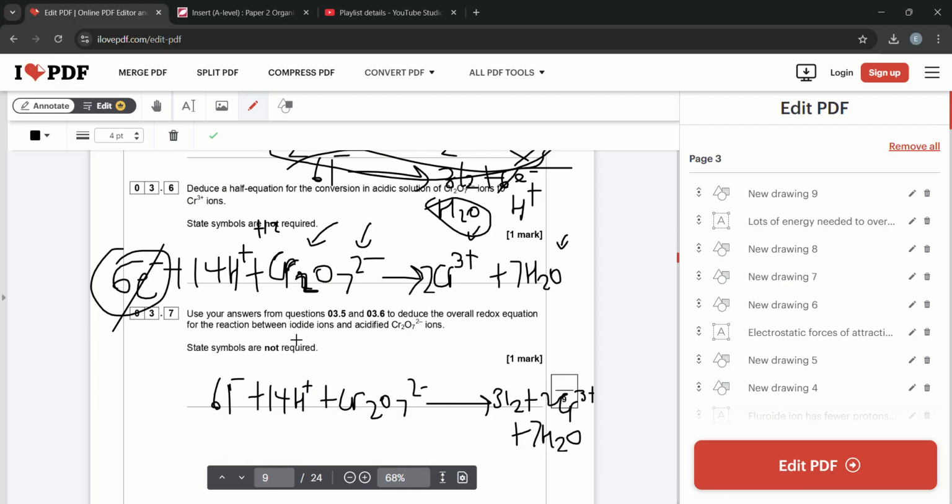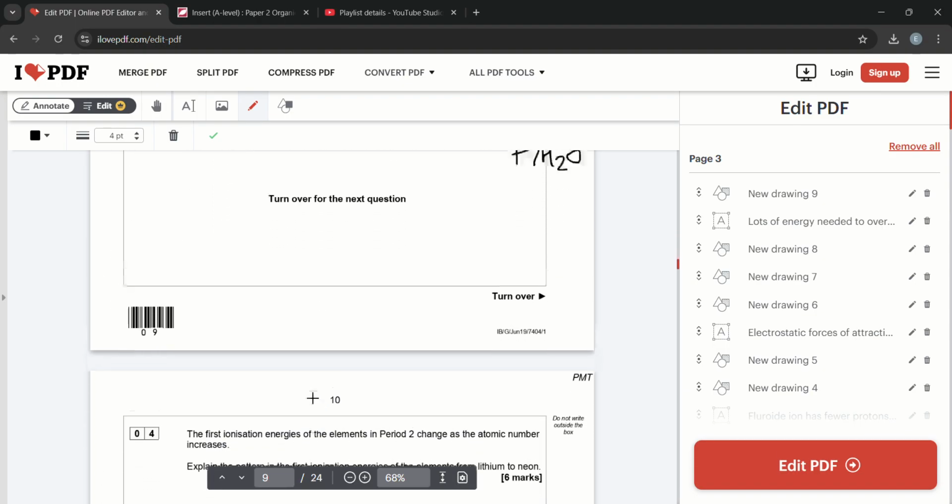So we're left with 6I minus plus 14H plus Cr2O72 minus arrow 2Cr3 plus 7H2O plus 3I2, and that is the end of question 3.